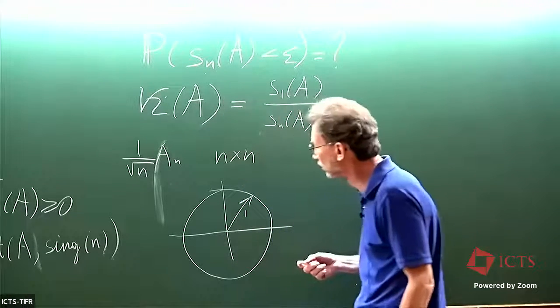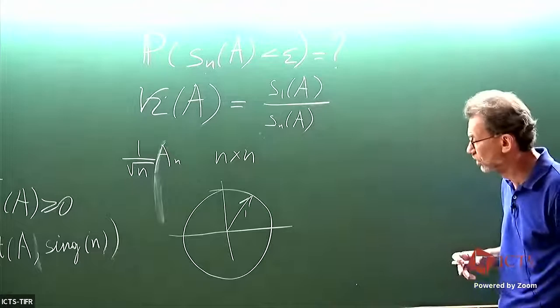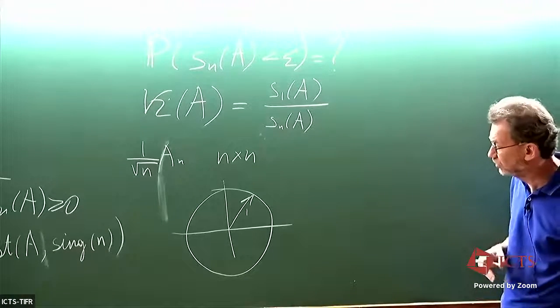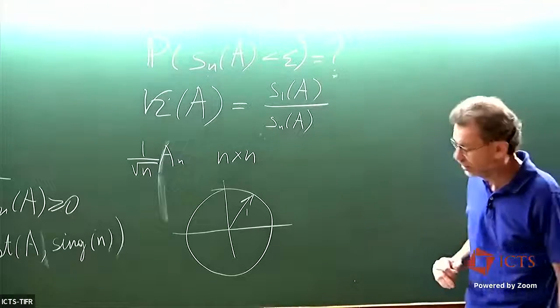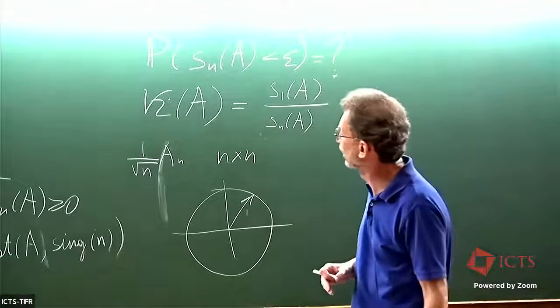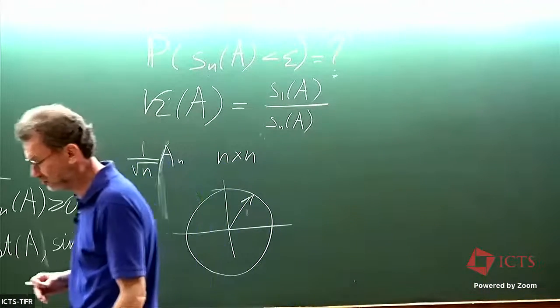This is called the circular law. And to prove the circular law, you need a strong bound on the least singular value.